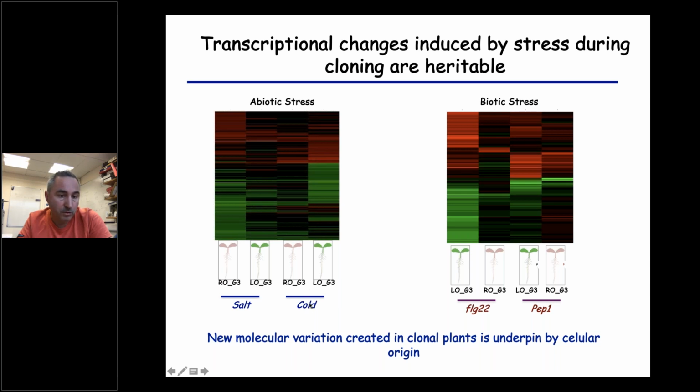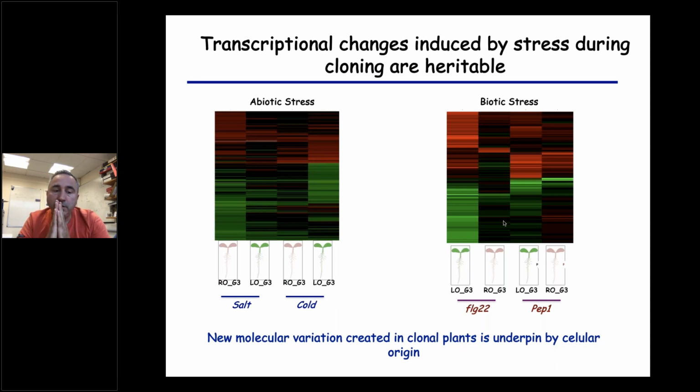And when we use cold, the roots were not very good in creating transcriptional responses in the clonal progeny, but the leaves were really good in causing significant changes in the transcriptome. This is in the order of several hundreds to 1,000 genes affected. And when we look at biotic stress, both leaf origin lines were very good in inducing responses, but the lines that came from roots were not very efficient in inducing these responses.